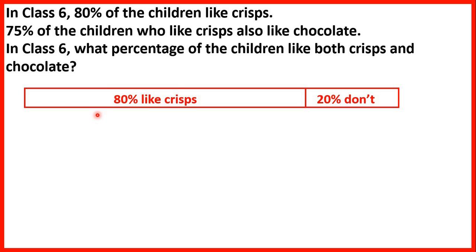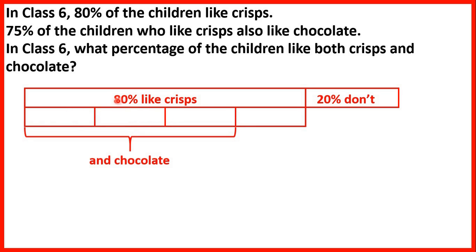Now what helps us is if we know that 75% is the same as 3/4. That's because 3/4 is equivalent to 75 hundredths. So 3/4 of these 80% of children who like crisps also like chocolate. So to find 3/4 of 80, we can divide by 4.